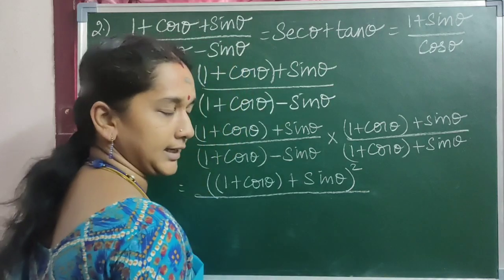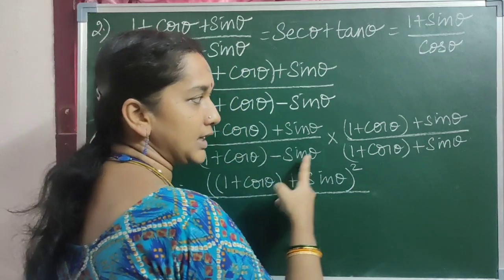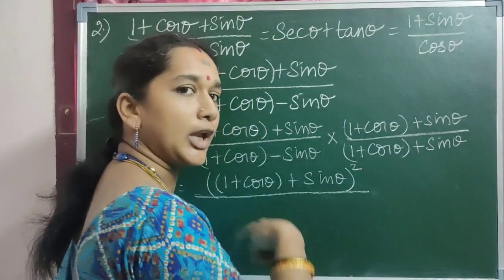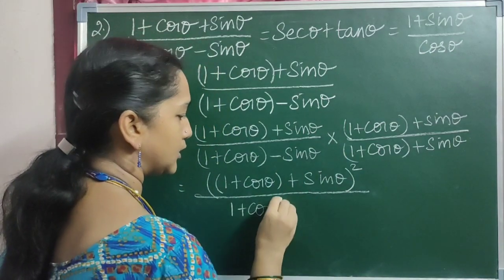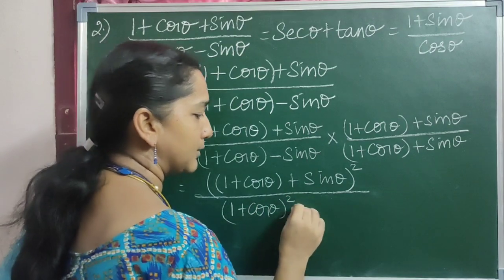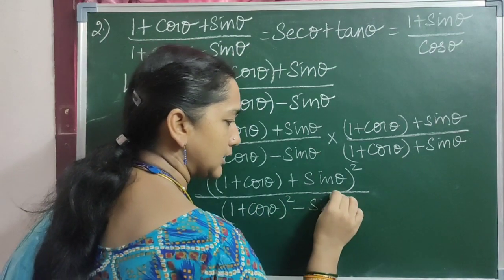For the denominator, it is (A minus B) and (A plus B), so A squared minus B squared.